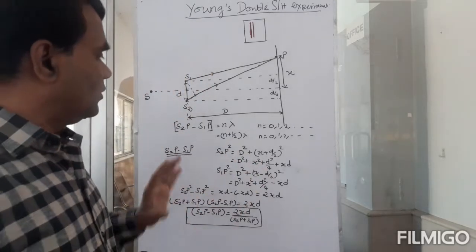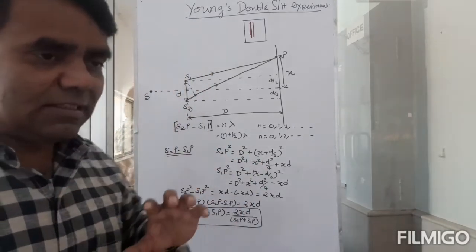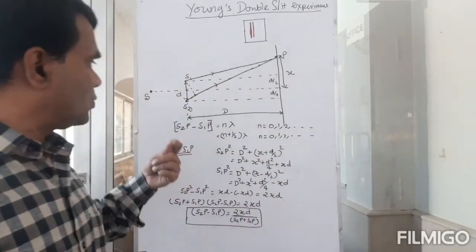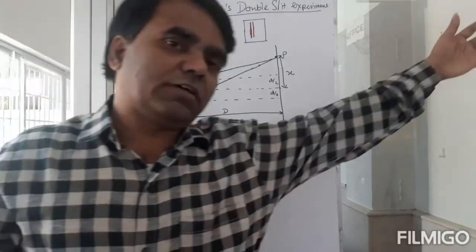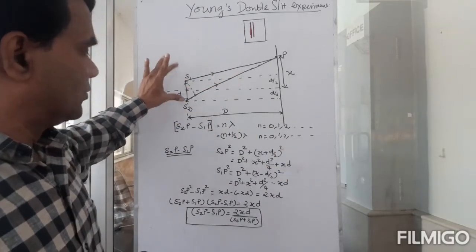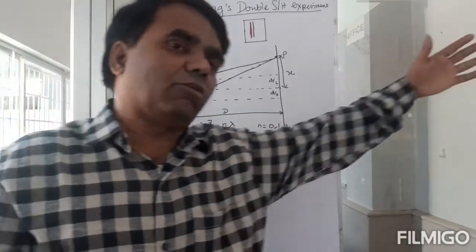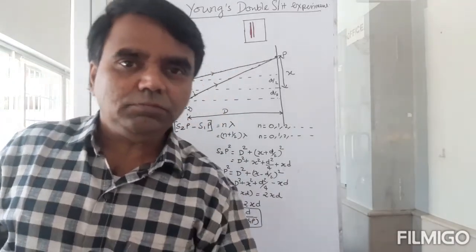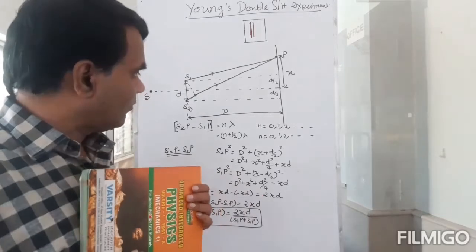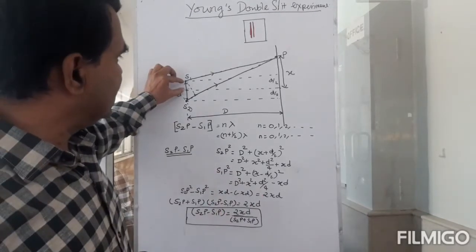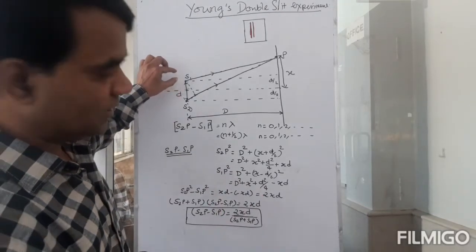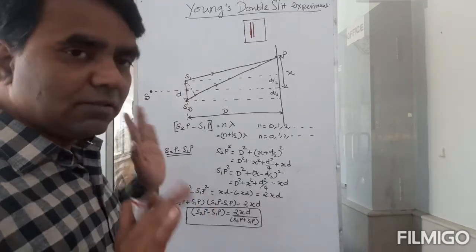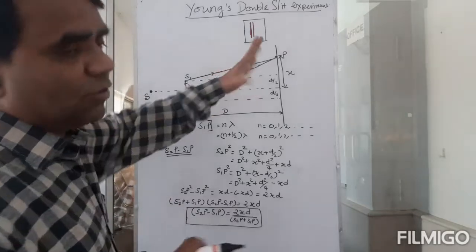Now let us simplify this with some approximations. Let us suppose that I have gone too far from these two sources, S1 and S2. My D is really long. If D is really long, then compared to D, this d will be very small, and x also will be small.